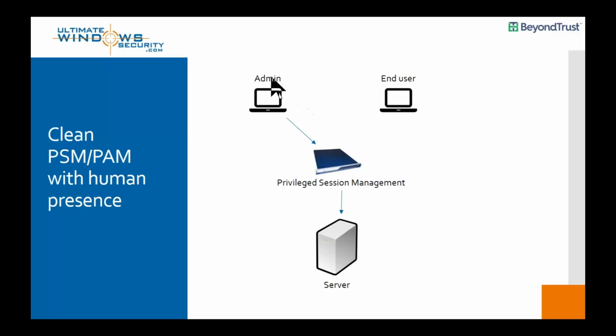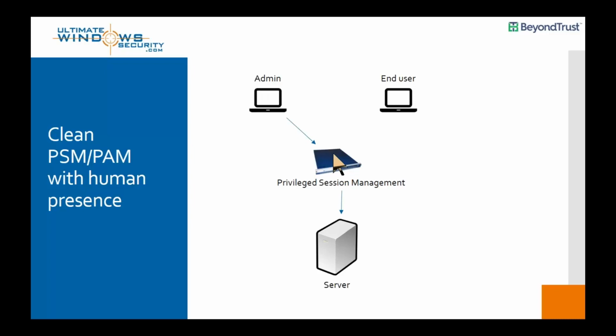So that means when the admin wants to initiate a session to the server down here with a privileged account, the admin is going to authenticate to the privileged session management system using personal credentials of that admin.